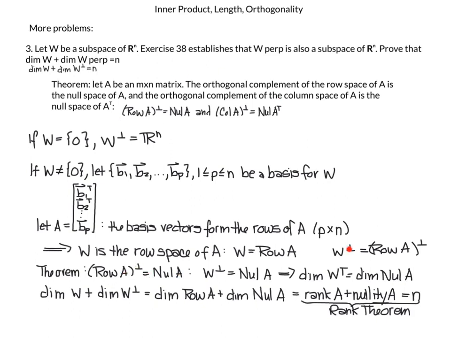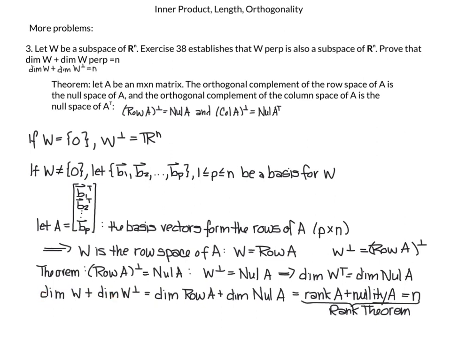So according to this, W perp, which is equal to the row of A perp, is equal to the null of A by the theorem. So that means the dimension of W perp is equal to the dimension of null of A. And then we have the dimension of W plus the dimension of W perp.